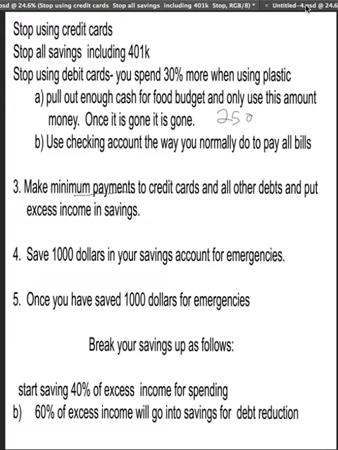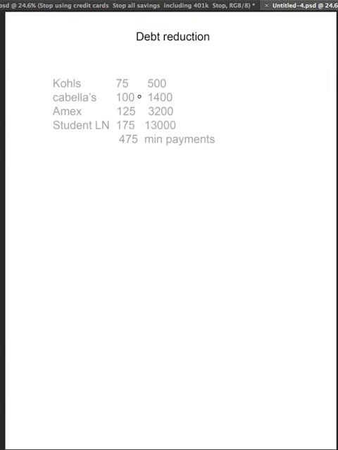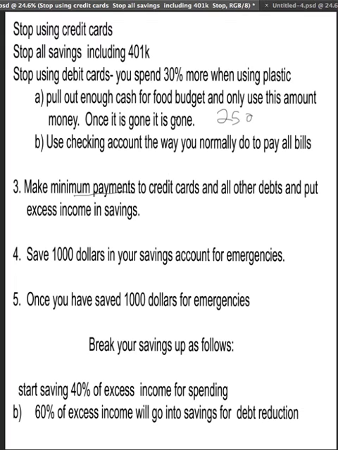So when we take a look at this, they had Kohl's with a $500 balance, but the minimum is $75. I want you only to calculate what your minimum payment is, not how much you send, but how much the actual minimum payment is. We see that theirs is $475. Okay? So that is the next thing we do.